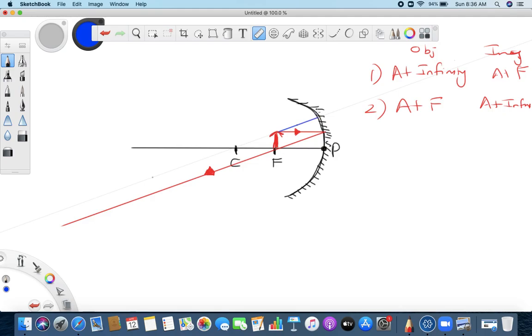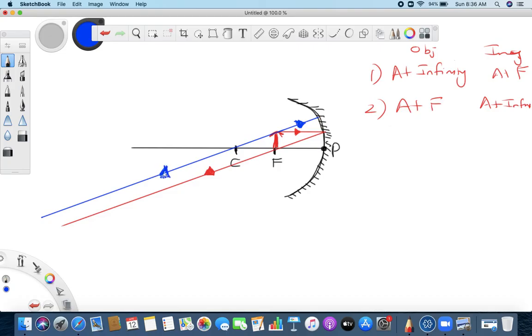This is my incident ray. After reflection I said it passes through C. So after reflection it passes through C only, that is a rule.